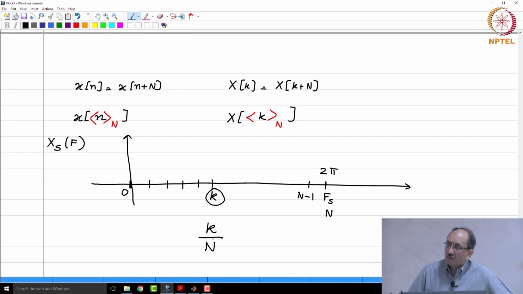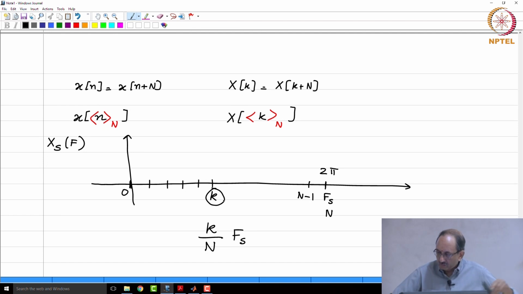You need to multiply by Fs. Hence, if you take the kth DFT bin index and want to know what frequency it corresponds to, divide by N and multiply by Fs, and this will give you that bin index's true frequency location. So, this is how you convert bin index to true frequency. Everything is consistent with what we have seen so far.